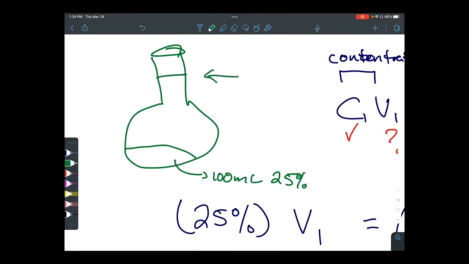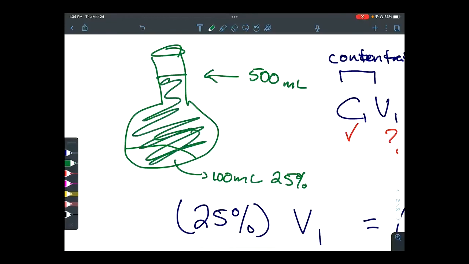Then we would dilute that whole flask to what's the final volume? 500. We would dilute the whole thing to 500 milliliters. And once we add that water, in this case we're adding about 400 milliliters of water, and mix that whole thing up, that whole diluted mixture will have a concentration of what? 5%. So that's how that works, all right?